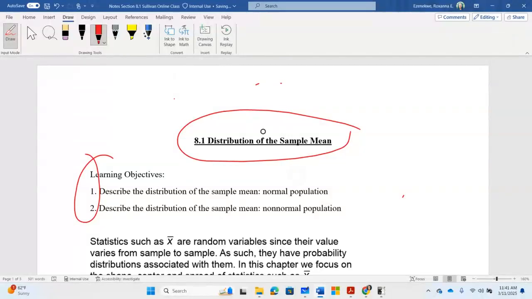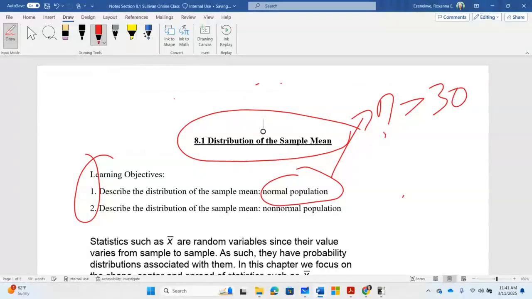Describe the distribution of the sample mean, normal population. What does it mean? Whenever it's normal population, it means that sample size must be greater than 30. The standard deviation of the population must be known. That's normal population.